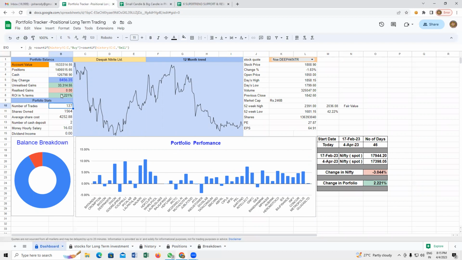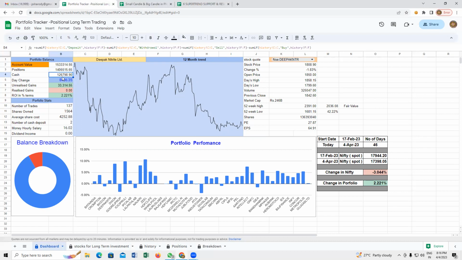Now coming to this, it is giving us a fair summary about our portfolio. The current account value is 15,33,000. The positions that have been created are 14 lakhs, and the balance left is 1,26,798.